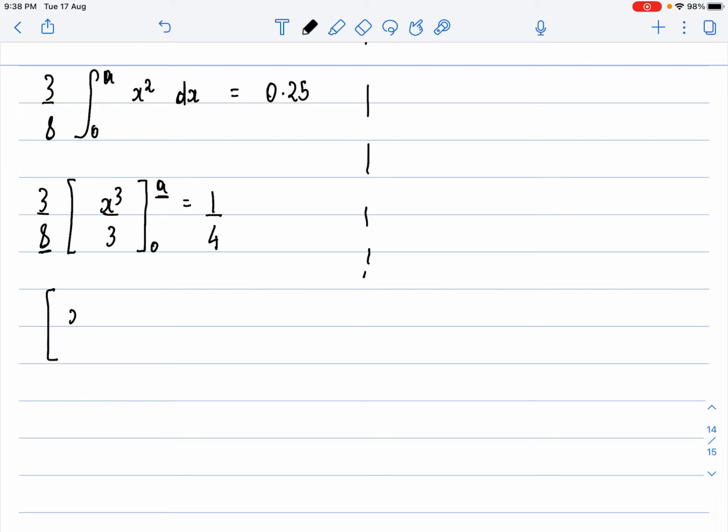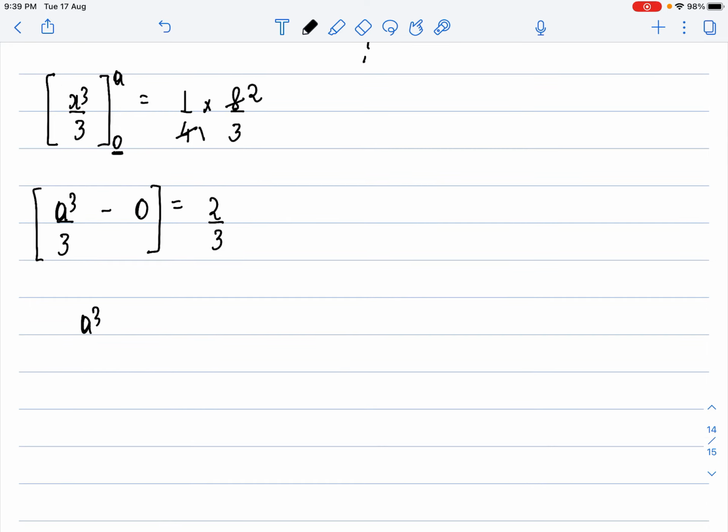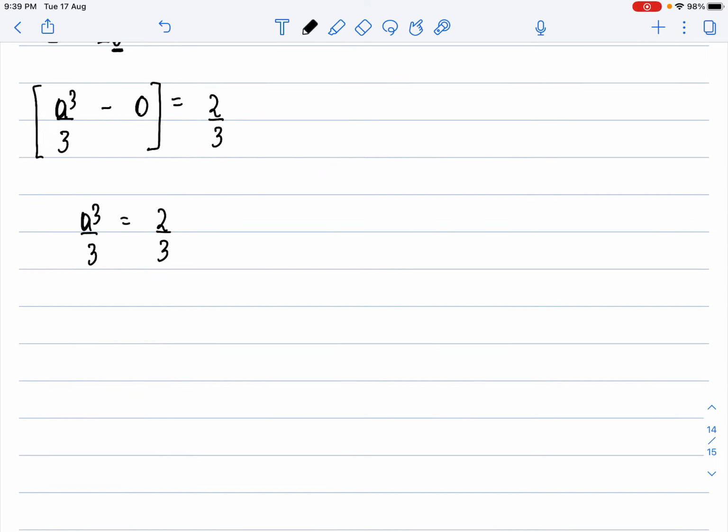So I get x cubed over 3 from 0 to a, which is equal to 1/4 multiplied by 8/3. Now in the place of x, I first put a, so I get a cubed over 3 minus, putting the lower limit 0, I get 0, which is equal to 2/3, since 4 ones are 4, 4 twos are 8. So a cubed over 3 equals 2/3, which means a cubed equals 2.